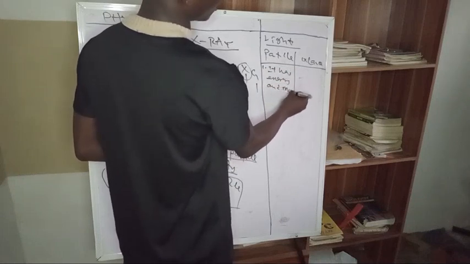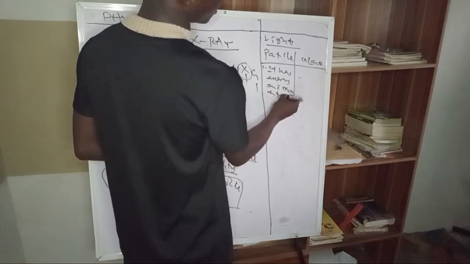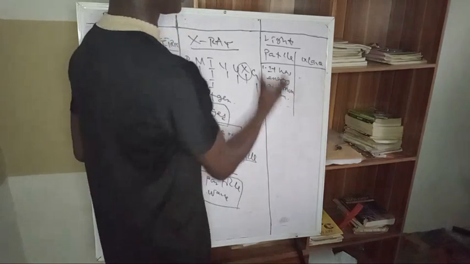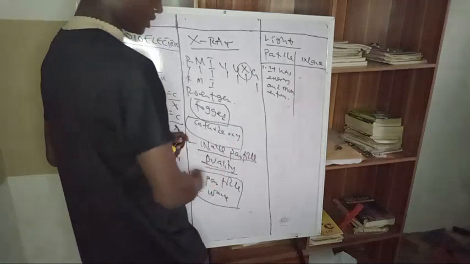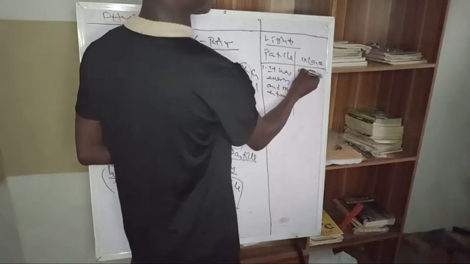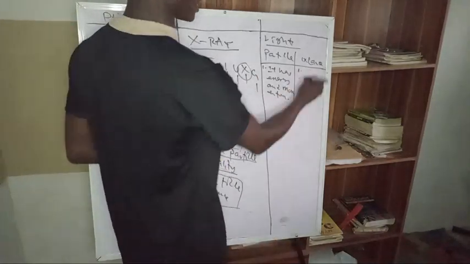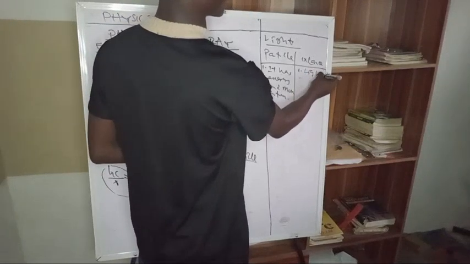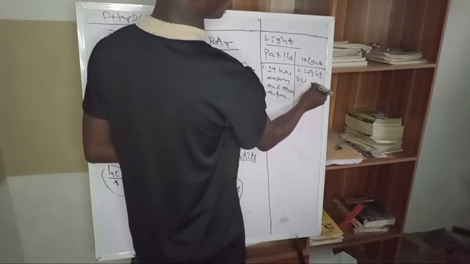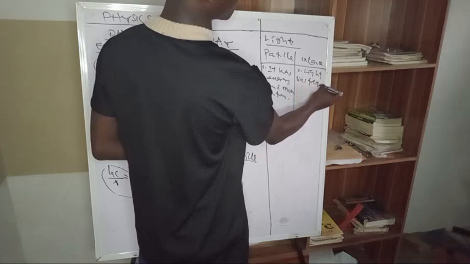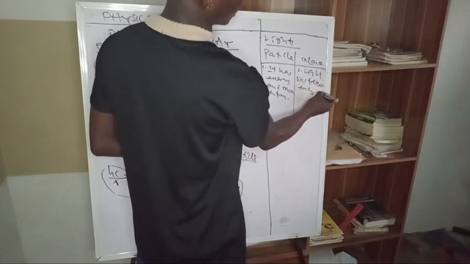That is the first definition of light as a particle. Now, the behavior of light as a wave: light has velocity, frequency, and wavelength.